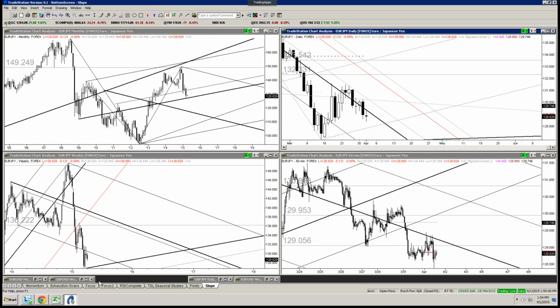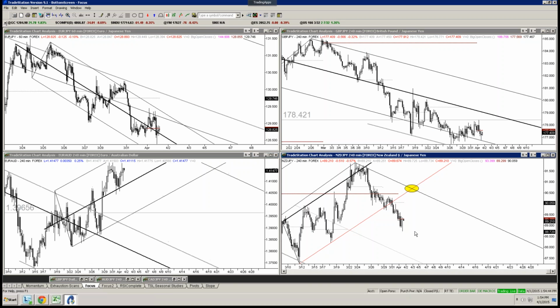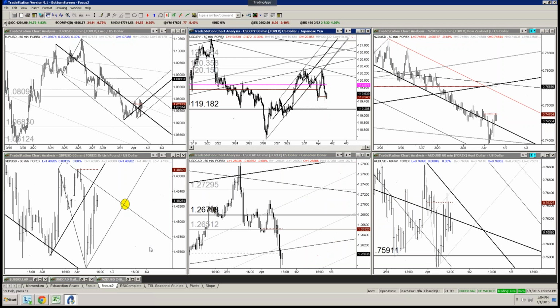Alrighty then, my friends. Quick summary, I should say. April seasonals, the seasonality: extremely negative the dollar, very positive the pound, very positive CAD, or so I should say negative dollar CAD.